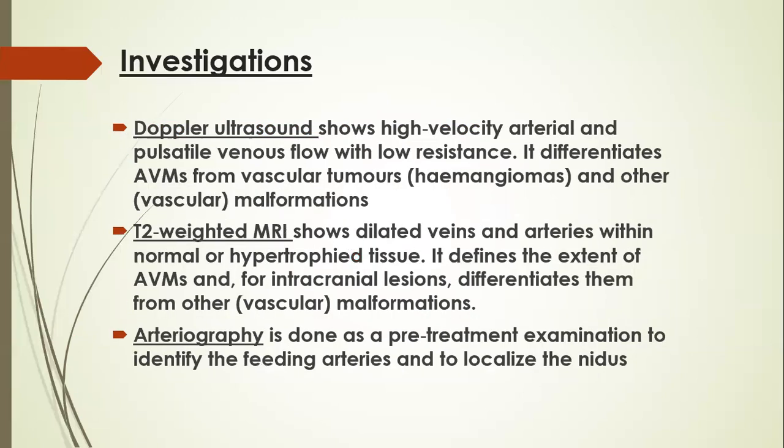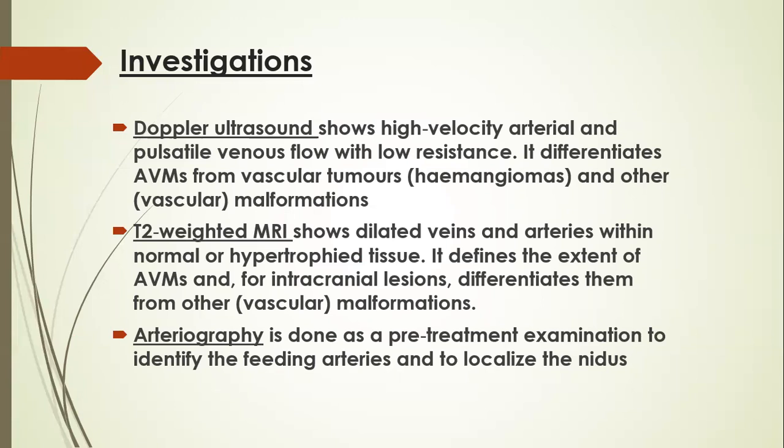Investigations. Three main investigations: Doppler ultrasound, MRI, and arteriography. Doppler ultrasound shows high-velocity arterial and pulsatile venous flow with low resistance. It differentiates AVM from vascular tumors, hemangiomas, and other vascular malformations. The T2-weighted MRI shows dilated veins and arteries within normal or hypertrophied tissue.